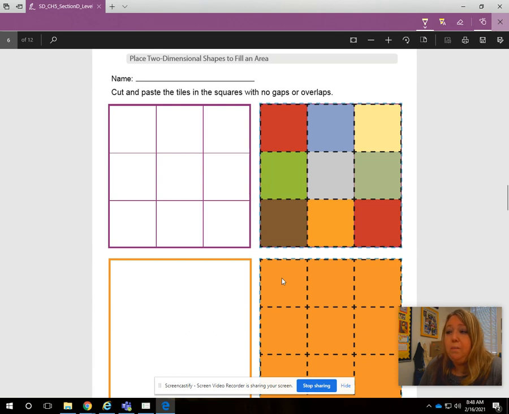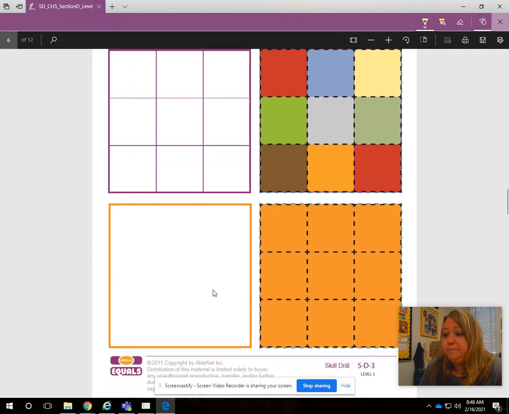Okay, so basically what I showed you before, we're going to take these squares and we're going to move them over to fill up the bigger square or the bigger area. Okay, I hope that makes a little tiny bit of sense.